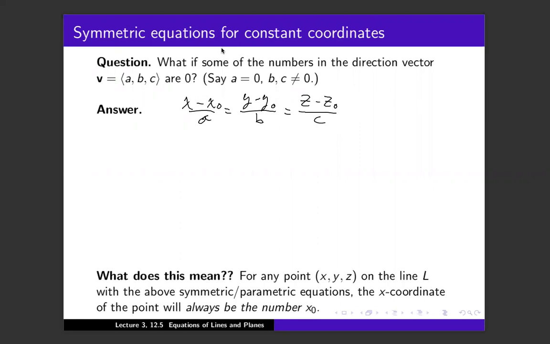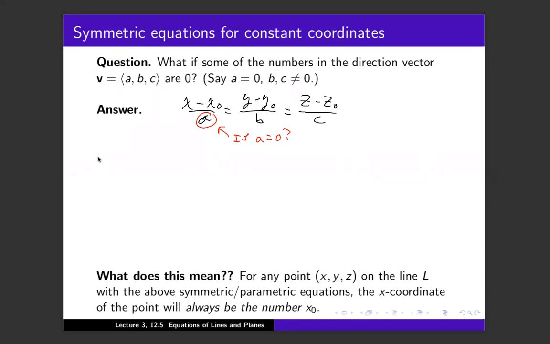The problem, of course, is what happens if a is equal to 0. Then you're dividing by 0, and bad stuff is going to happen. So we don't allow that. So what are we going to do instead?